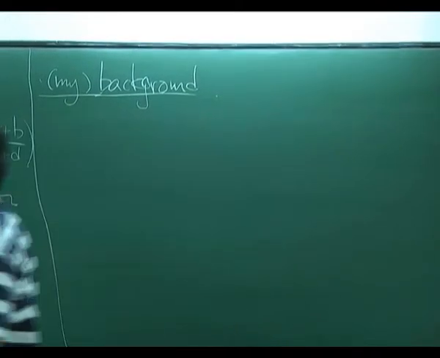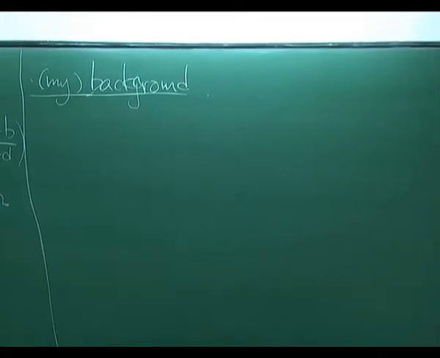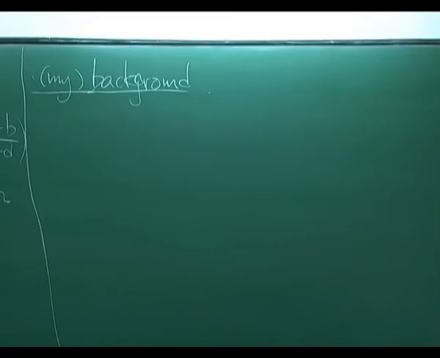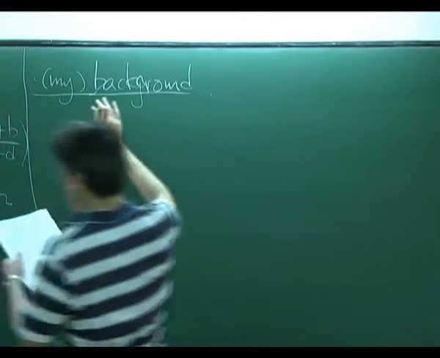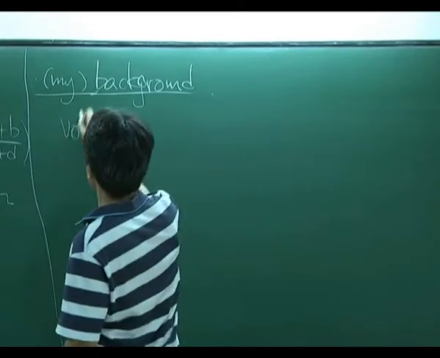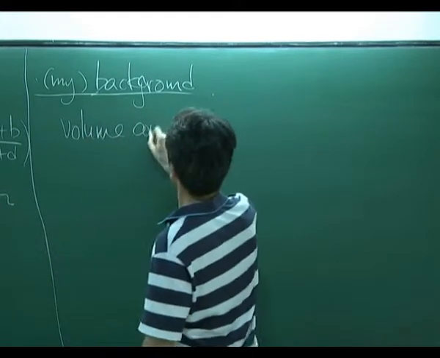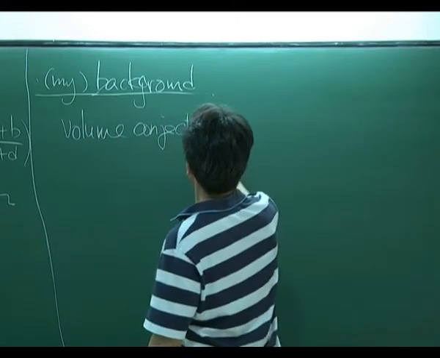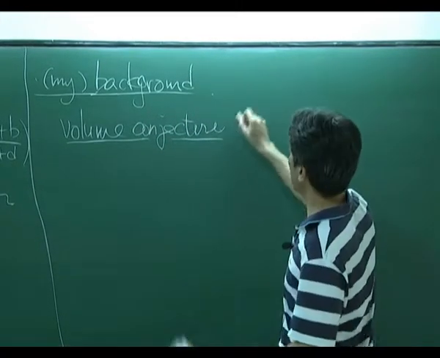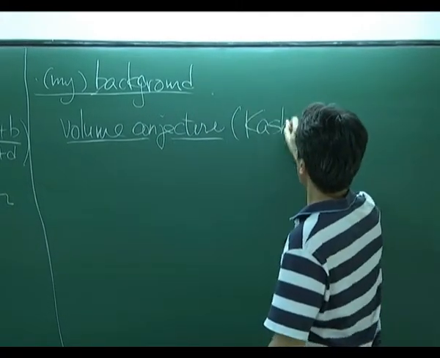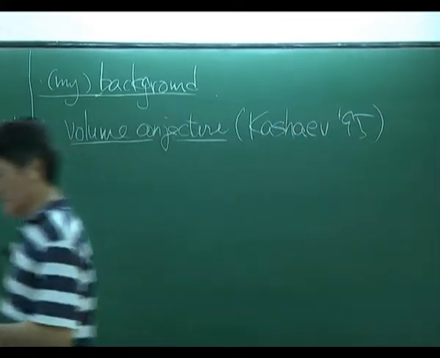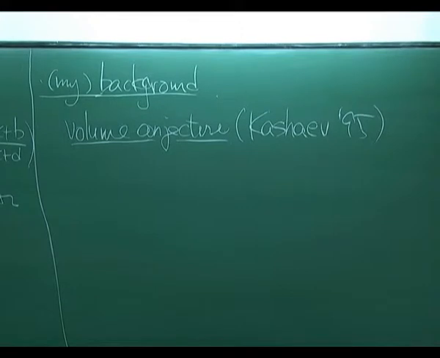Anyway, I want to explain why this quantum modular form is very interesting to me. My background is a conjecture from the quantum invariants called the volume conjecture. This was first proposed by Kashaev around '95, and this is still open.